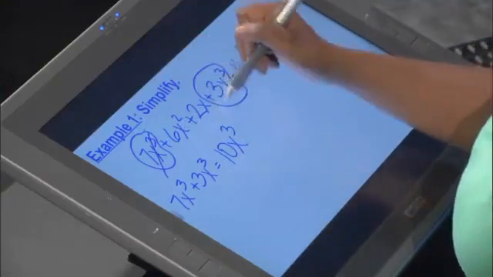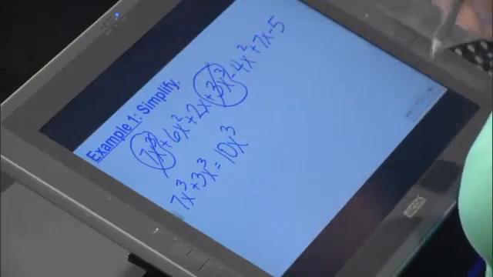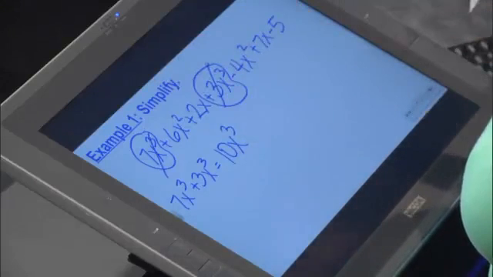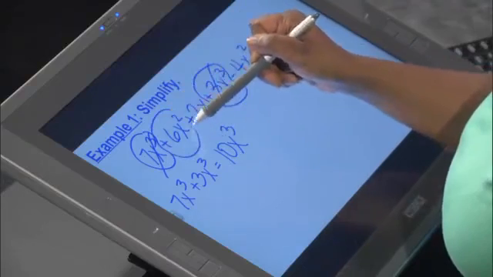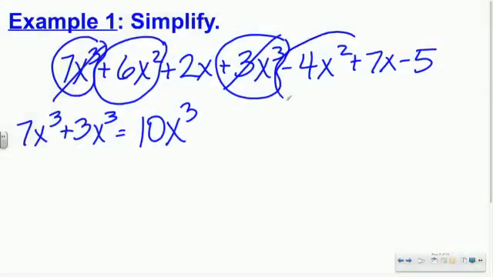All right, that's out of the way. Go in descending order. So now let's look for exponents of 2. And I notice I have this 6x squared and I have this negative 4x squared. So let's combine those like terms. 6x squared, and I'm combining it with a negative 4x squared, so I'm just going to treat that like subtraction.